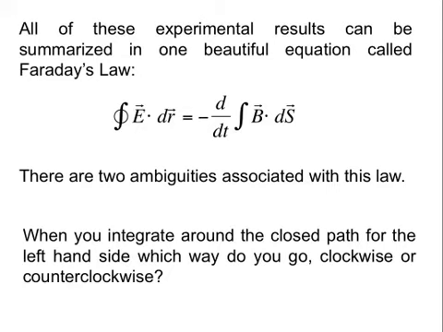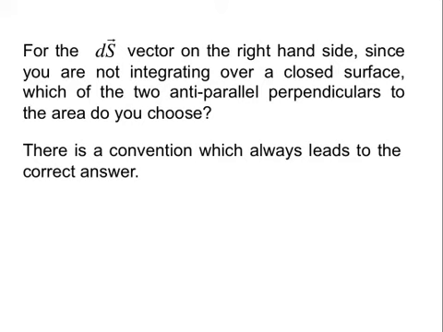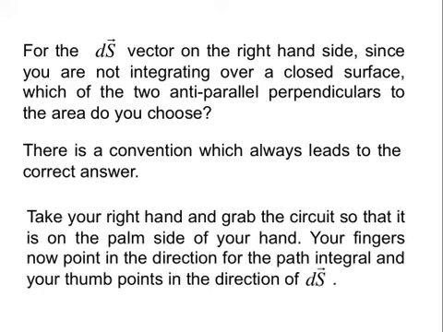When you integrate around the closed path for the left-hand side, which way do you go, clockwise or counterclockwise? For the ds vector on the right-hand side, since you are not integrating over a closed surface, which of the two anti-parallel perpendiculars to the area do you choose? There is a convention which always leads to the correct answer.